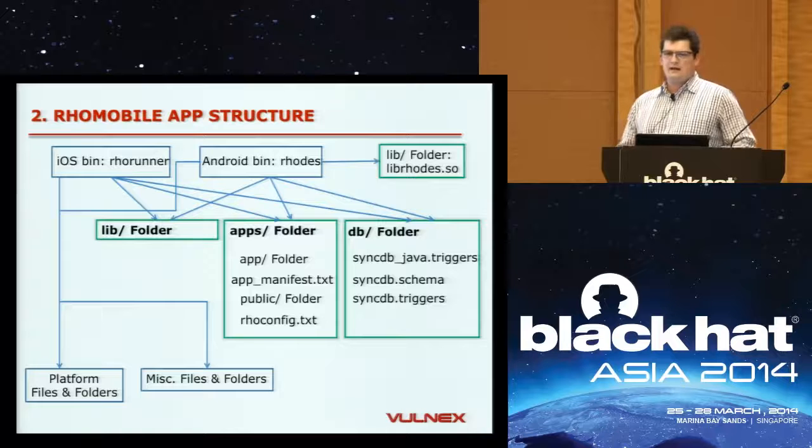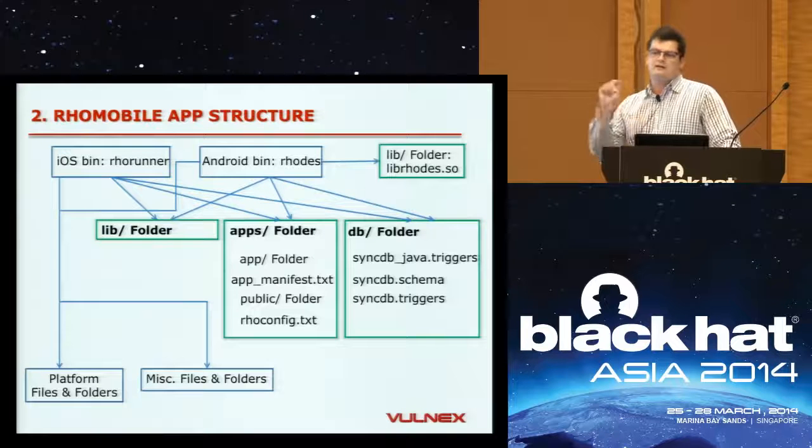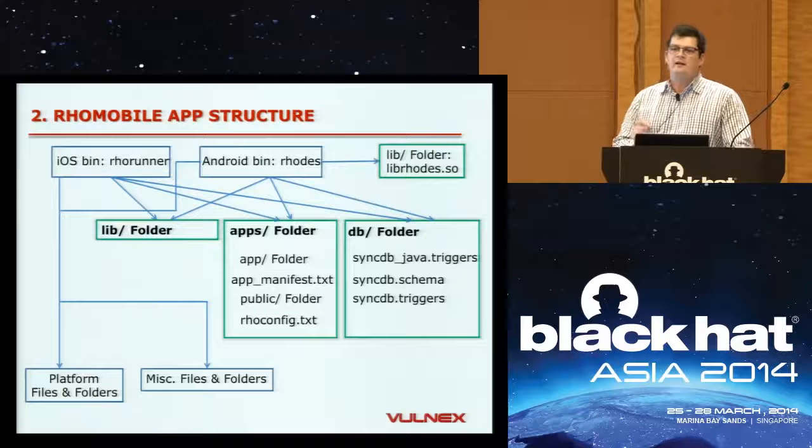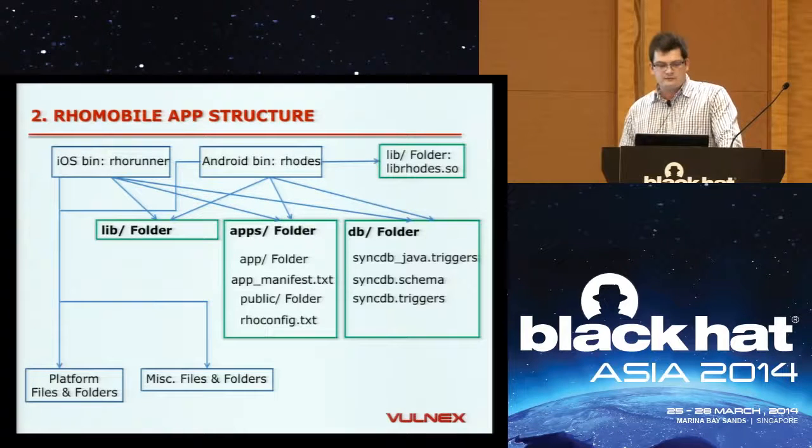Before, you guys saw that I always put platform binary because the name can be the application name. Here it's different. RhoMobile uses the same binary name. For example, for iOS it will always be the RhoRunner binary. So that will always be the name of the binary for RhoMobile applications.